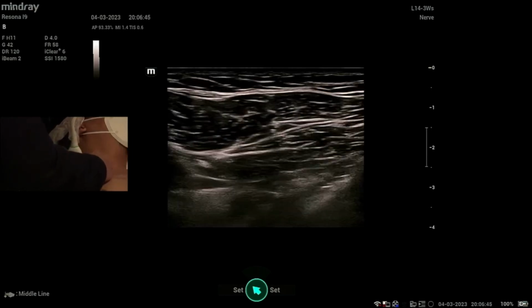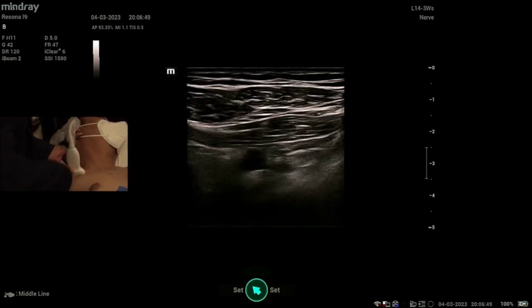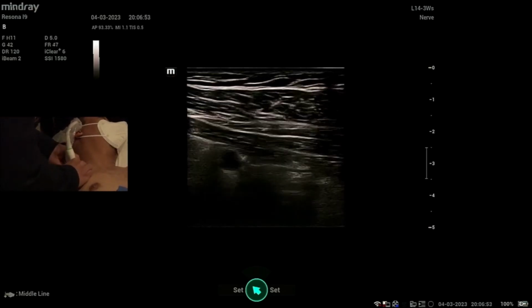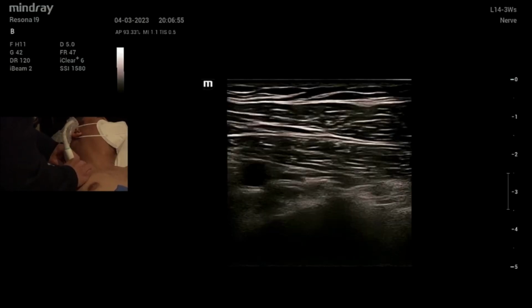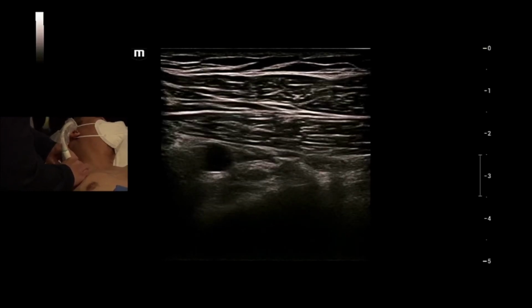I think need to increase the depth. Okay, wait, let's just start from the infra. Okay, so costoclavicular. Maybe the pillow can be adjusted downwards.